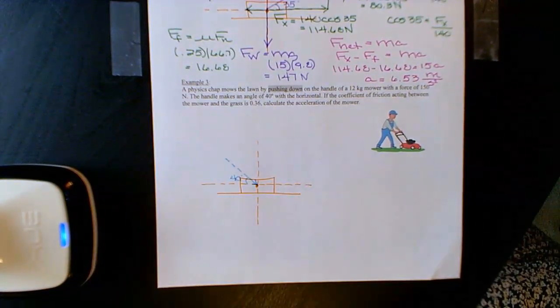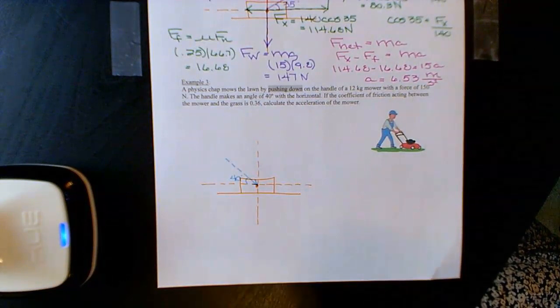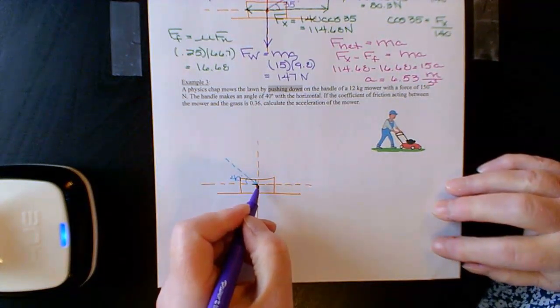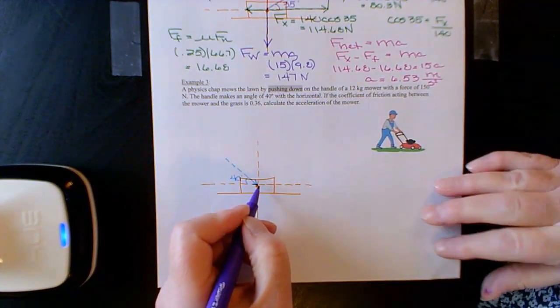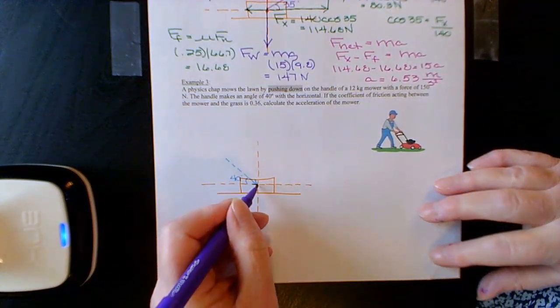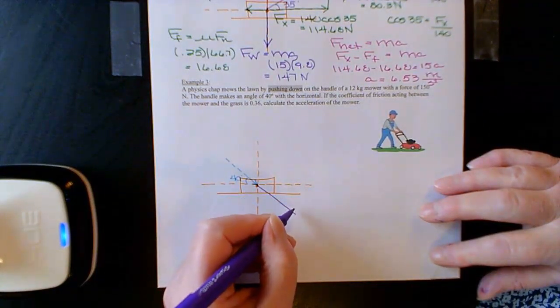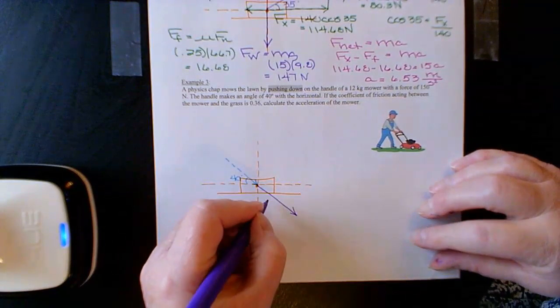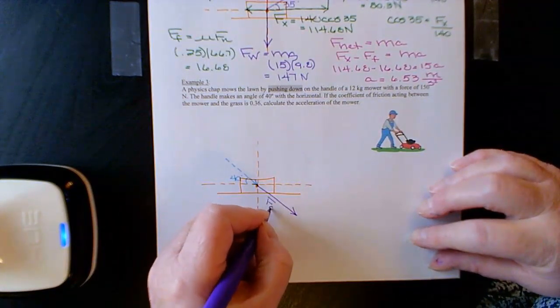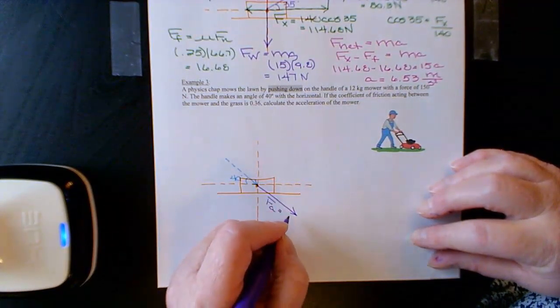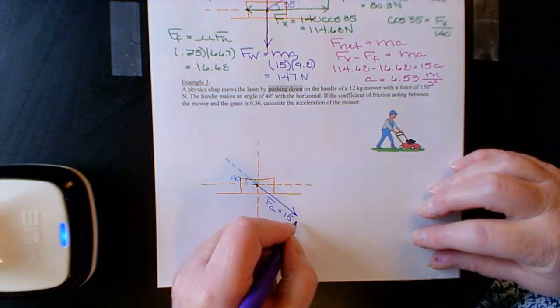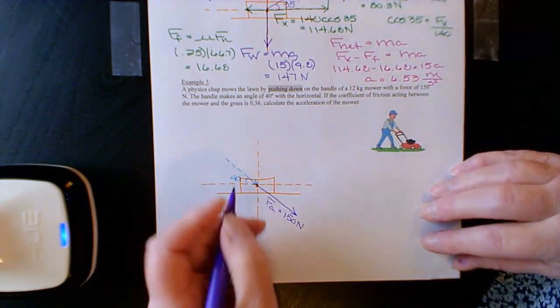So when you draw the free body diagram, you are pushing down on the lawnmower, which is the dot. So we're pushing down like this. So this is how I draw that downward arrow. So I'm going to call that the applied force, and he's applying a force of 150 newtons.